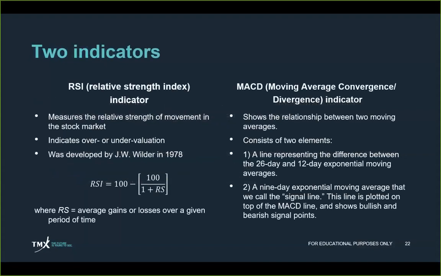So a couple of indicators that you'll see very common: relative strength index, RSI. We don't need to get into the mathematics of it, but basically it measures the relative strength of a movement in a particular price action. The rationale behind this is quite simple.